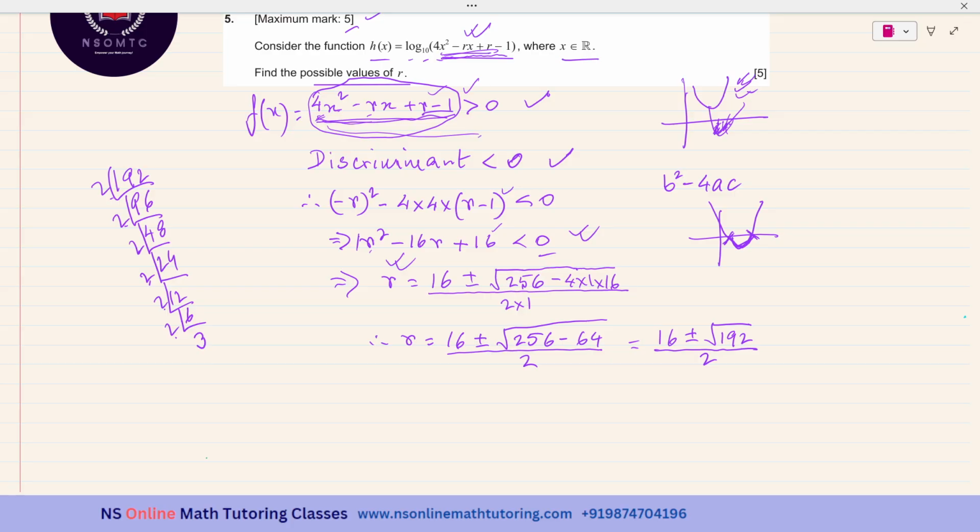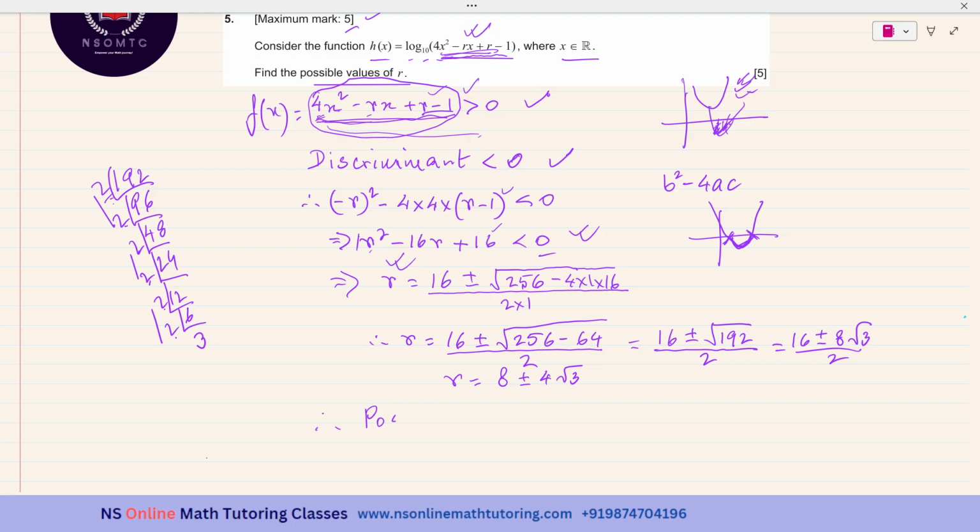And it is a square root, so we will be pairing the numbers and taking out one 2 from each pair. So it is 2 times 2 times 2, which is 8. So it is 16 plus minus 8 root 3 over 2, or r equal to 8 plus minus 4 root 3.